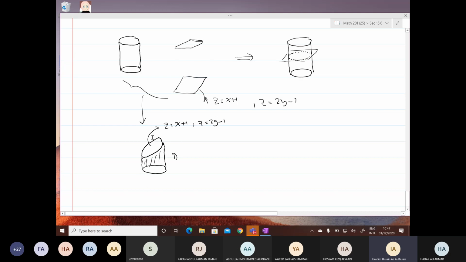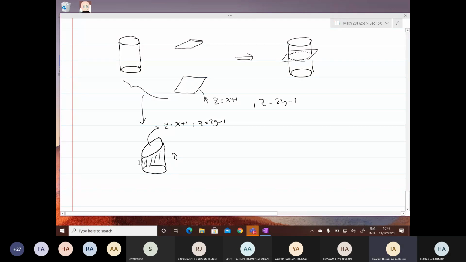But the upper surface is this one, z equals x plus 1 or whatever. The lower surface is the floor, either z equals 0 or whatever, but the upper is the plane. So don't worry about the ellipse or whatever. I need just the upper surface.